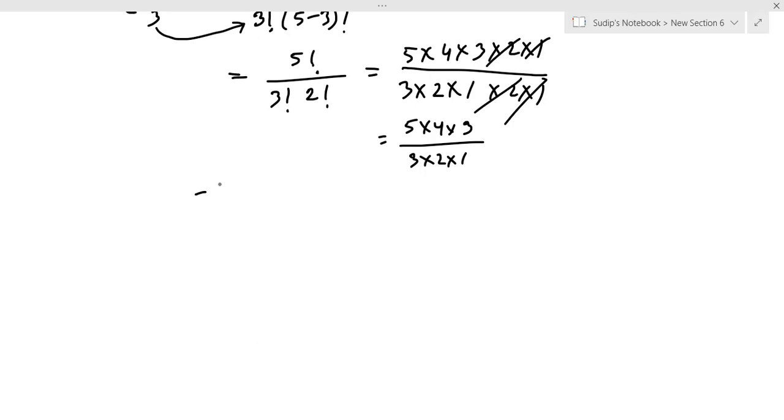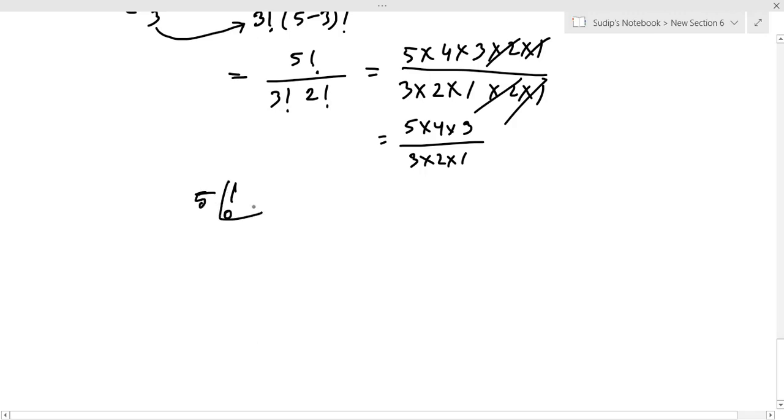This button will give you the factorial. You will write 5 first, then shift, then x inverse.